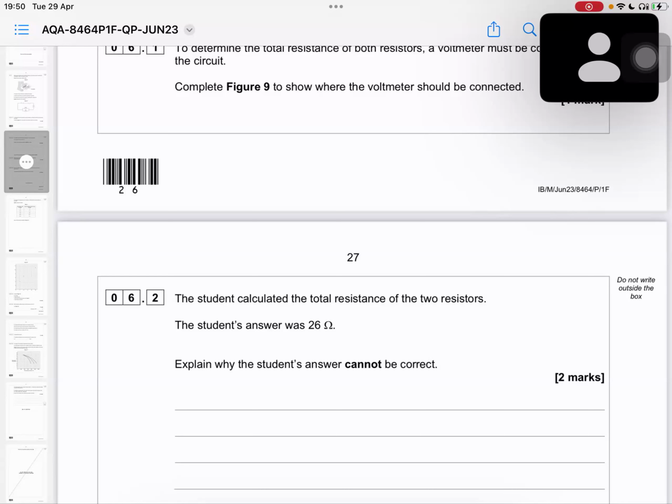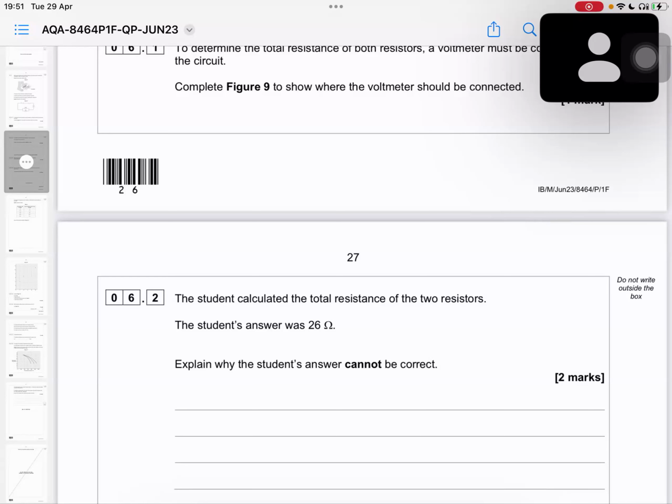The student calculated the total resistance of the two resistors. The student's answer was 26 ohms. Explain why the student's answer cannot be correct. It's a very simple explanation. Resistors in series means they're connected one followed by the other.